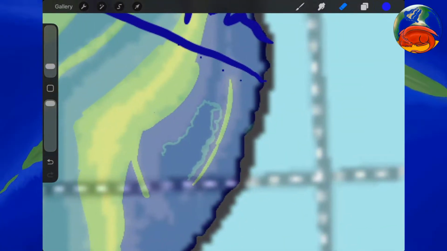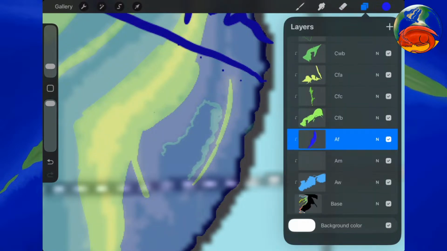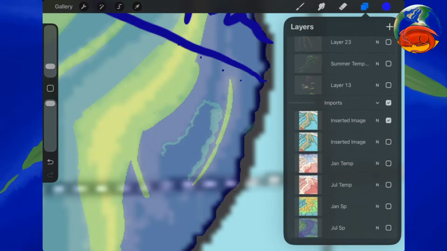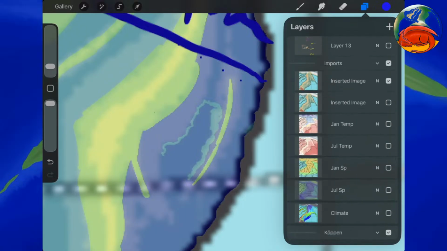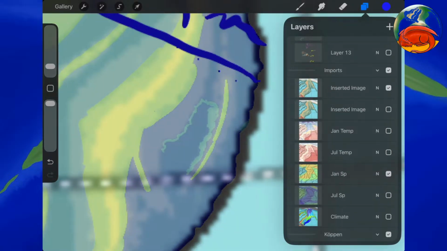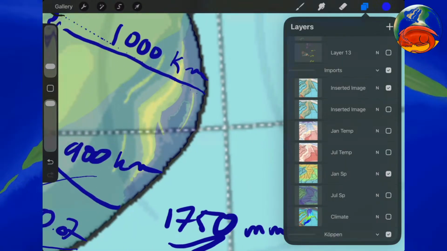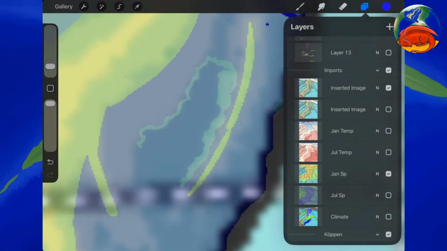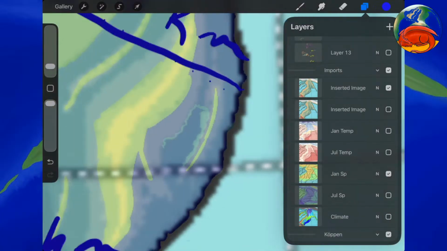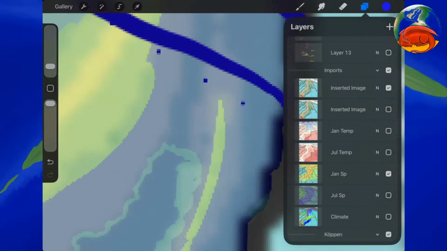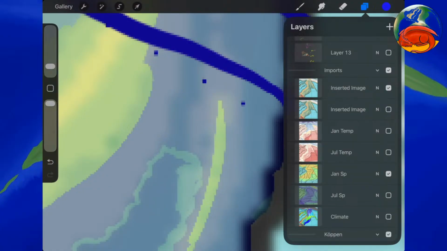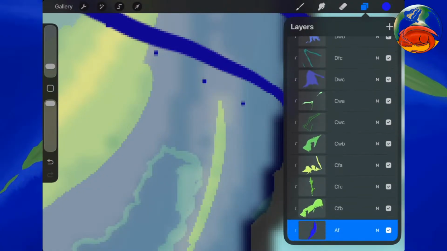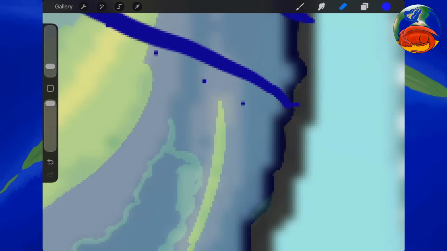And let me double check. You know what? Even if it's getting precipitation this way, still in the winter, it's going to be a bit. Yeah, there's going to be less precipitation in some parts of this place in the summer.